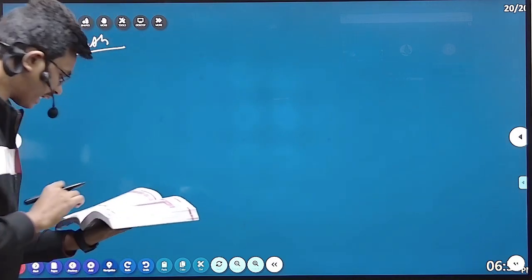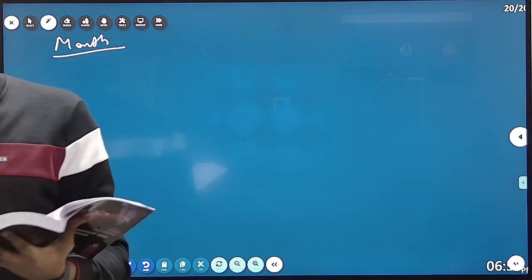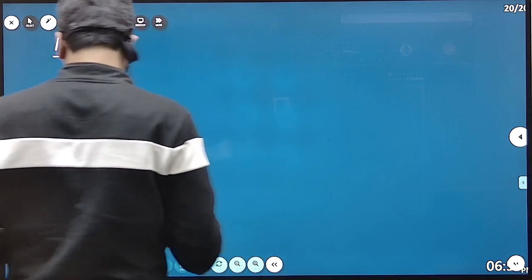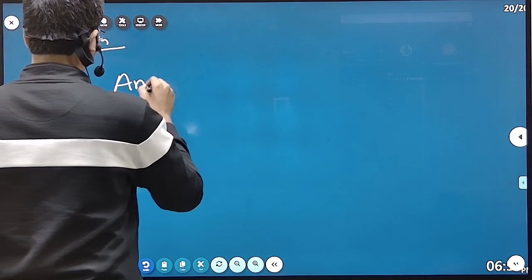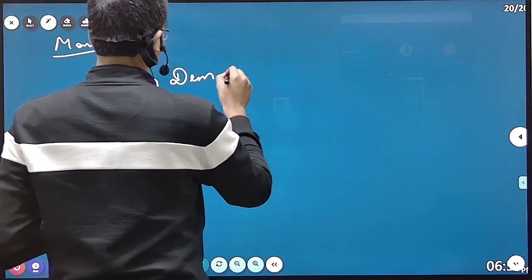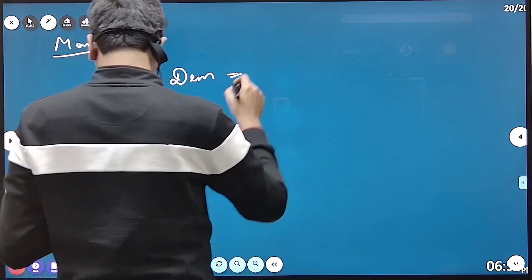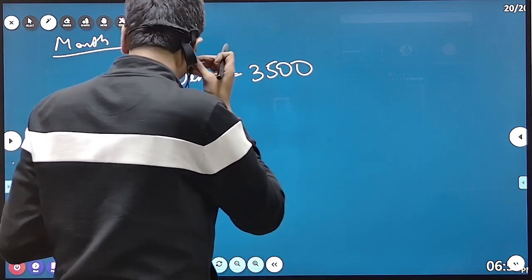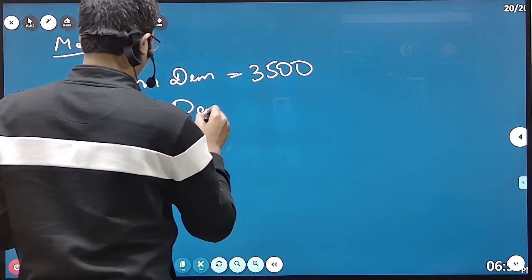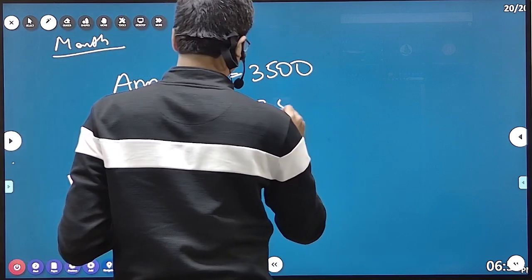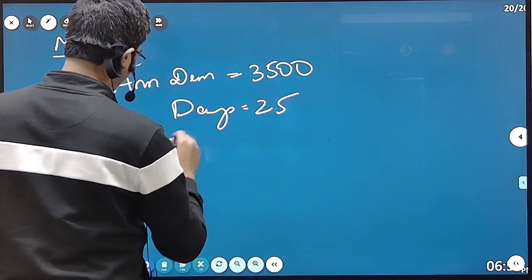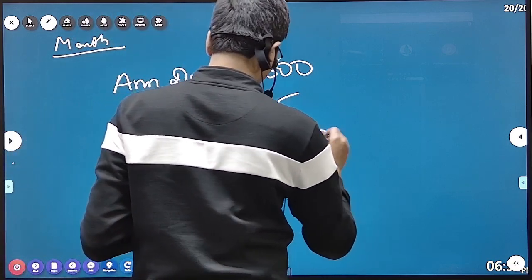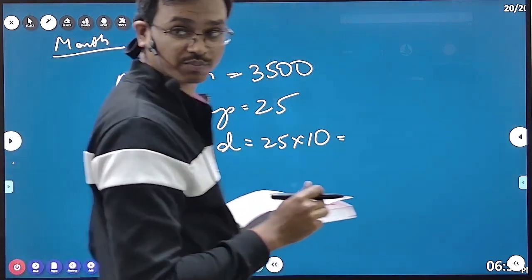Okay, first we will calculate how many units have to be subcontracted. Okay, so we know the annual demand. So annual demand is nothing but 3500, right? And the total number of producing days, we know it is 250. Okay, so now total production would be 250 into 10, correct? Because he says he'll produce at 10 units per day.